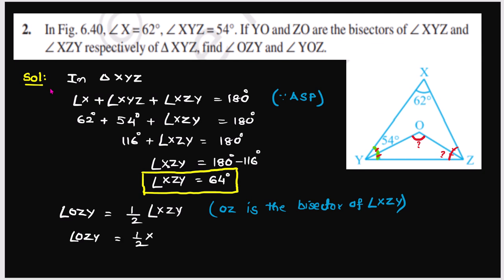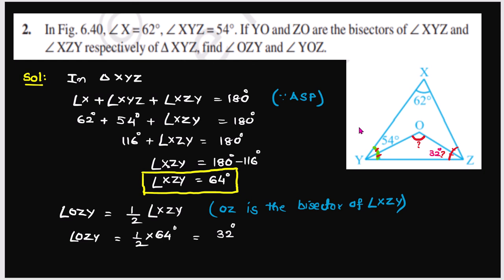Just now we have got XZY, that is 64. Half of 64 is 32 degrees. So this is OZY, here we have got 32 degrees. So you can write it for your idea. This is 32 degrees.